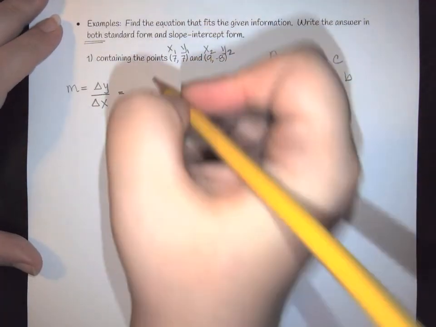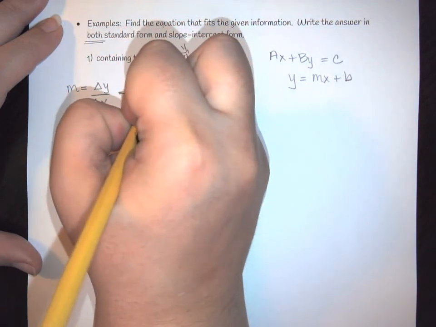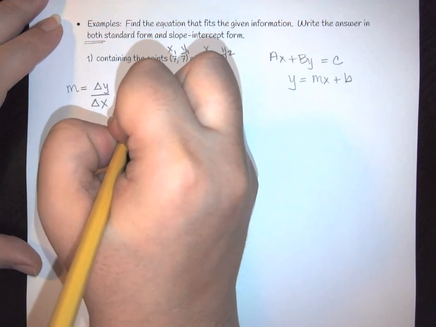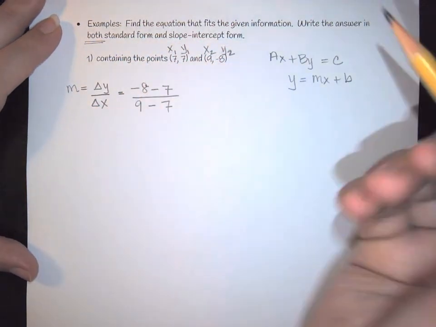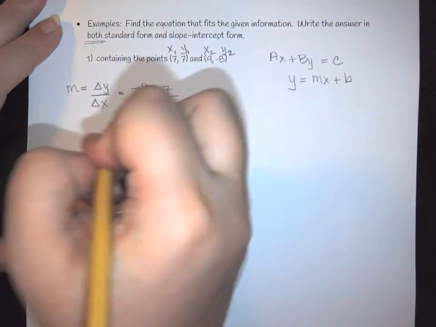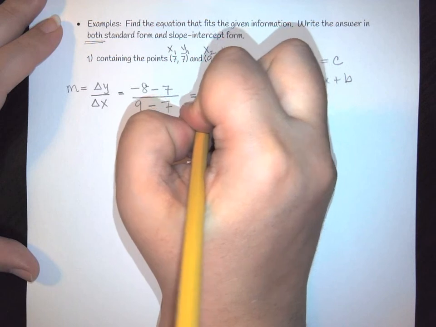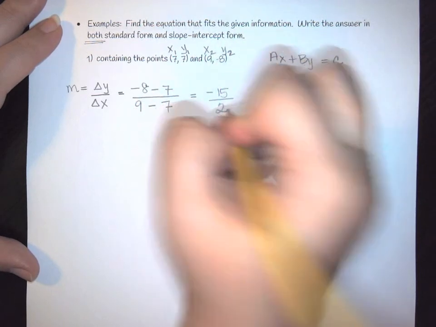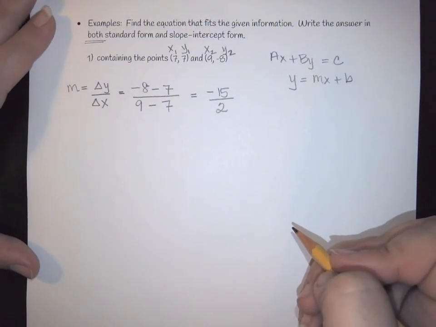So here change in y says we're going to do y2, so negative 8 minus y1 all over x2 minus x1. So in this case we have negative 8 minus 7 is going to be a negative 15. 9 minus 7 gives you 2. So my slope is negative 15 over 2.